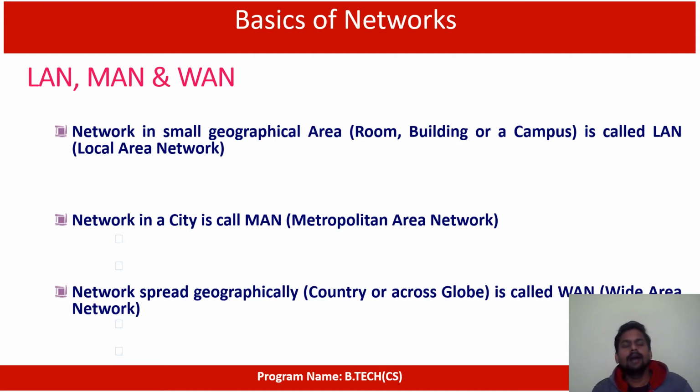And if I have those 200 systems, but they are not in a single place, that means not in a single building, so I keep 50 systems in one place, another 50 systems 50 kilometers apart from my place, and another 50 systems maybe in some other campus or some other places.